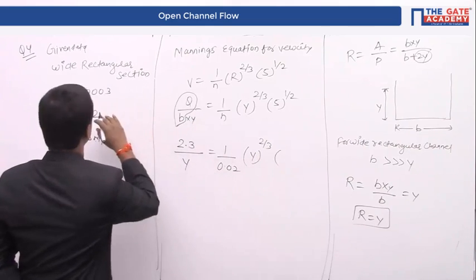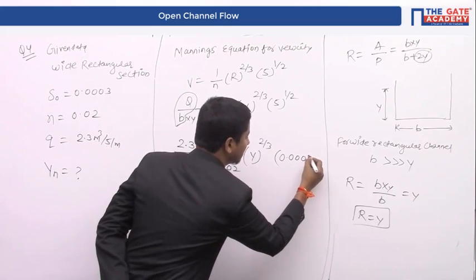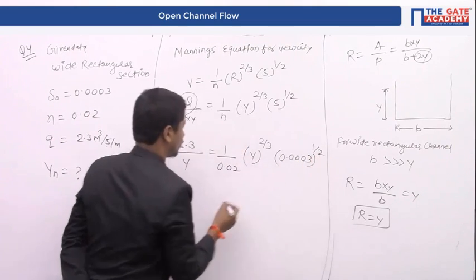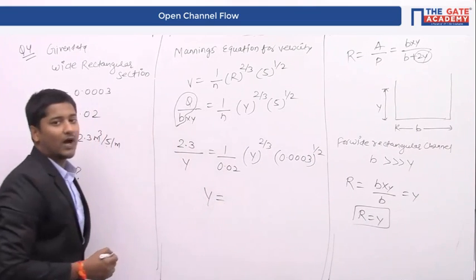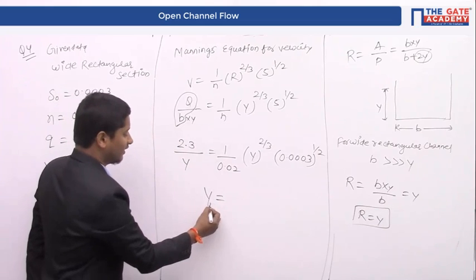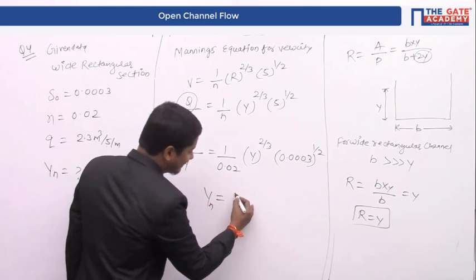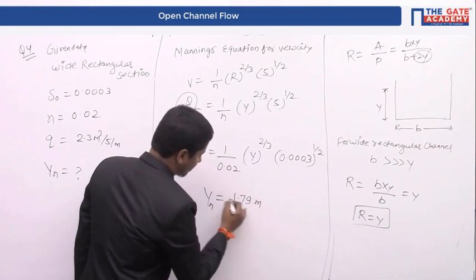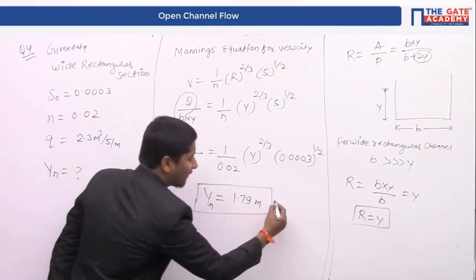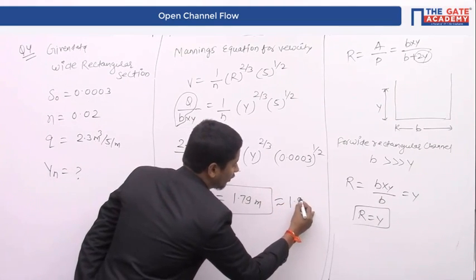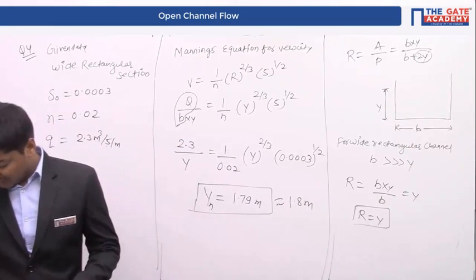S is given as 0.0003 to the power 1 by 2. And if you calculate this, you will get Y, that is Yn, as 1.79 meter, or approximately you can tell it will be equal to 1.8 meter.